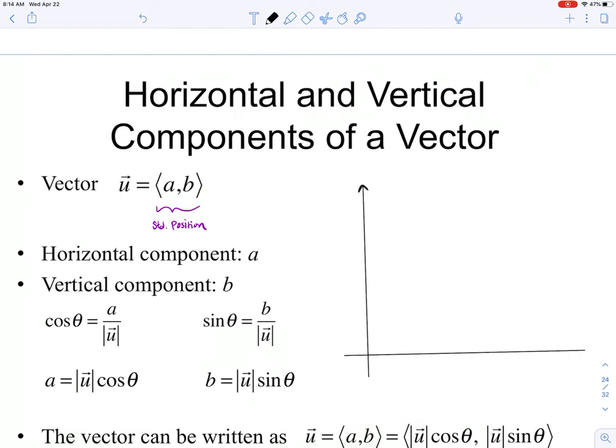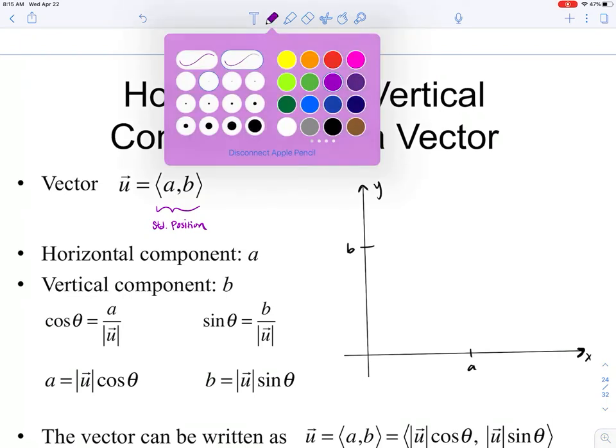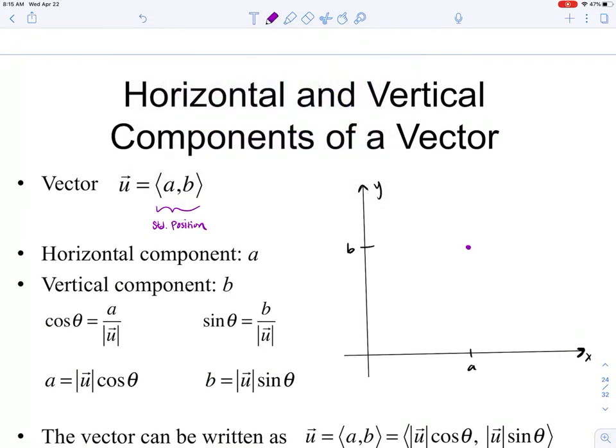So let's draw another picture of a vector that is in standard position. I'm just going to draw a vector in quadrant 1. Okay, so the vector would terminate at a comma b.